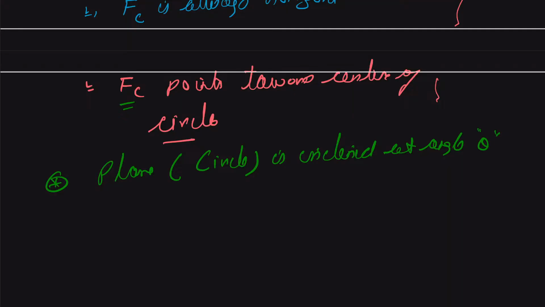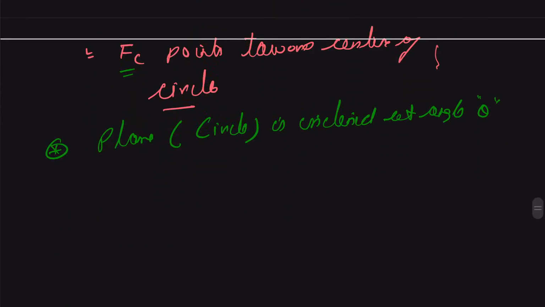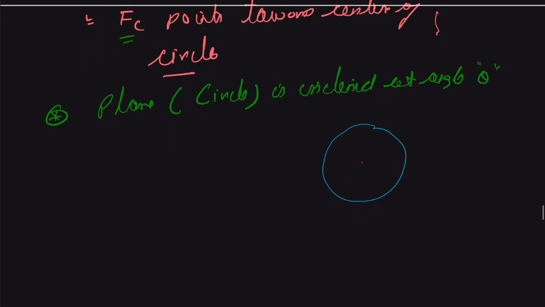So let me draw. And for this we can say that if our circle is horizontal, then in that particular case our centripetal force will always be acting toward the center. But this circle is at an angle of theta, and this we have taken as horizontal.